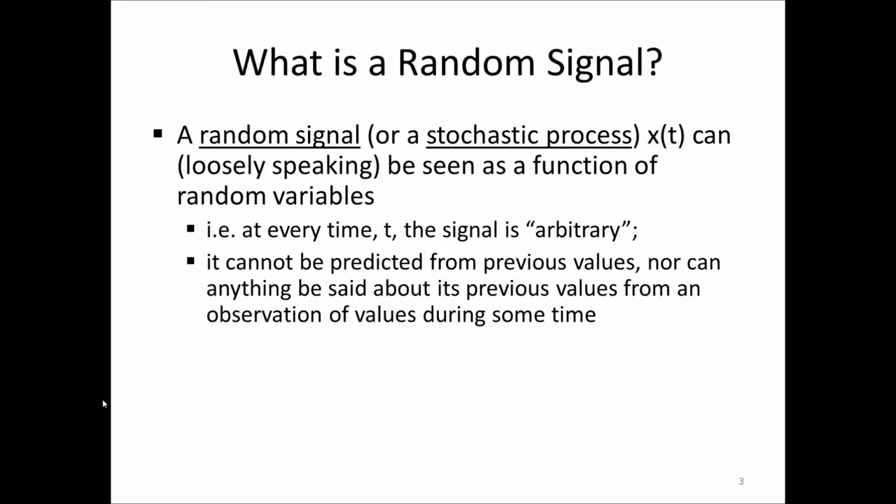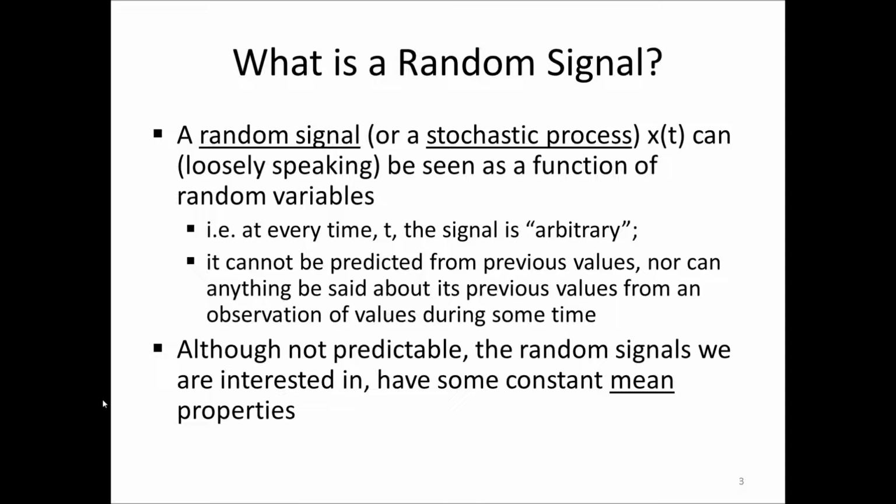This means that it cannot be predicted from previous values, nor can anything be said about its previous values from an observation of values during some time. This does not, however, mean that the random signal is totally unpredictable. As we will see, the random signals that we are interested in have some constant mean properties, such as the mean value, the RMS value, etc.